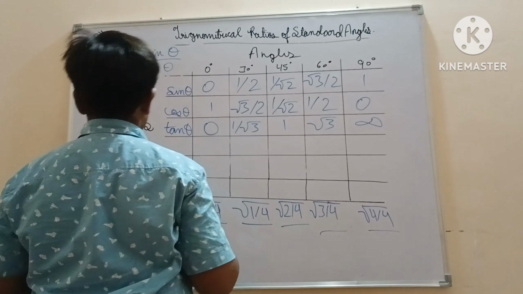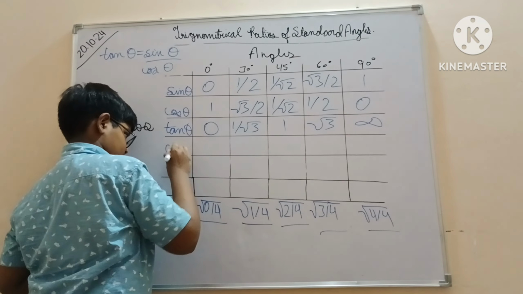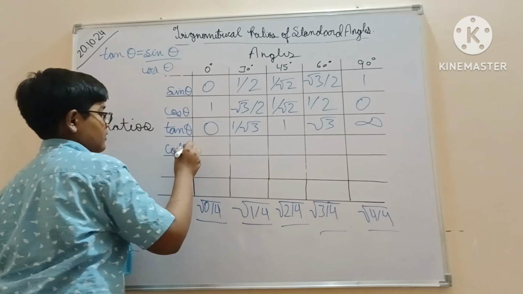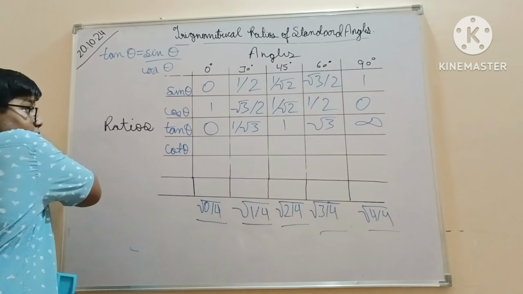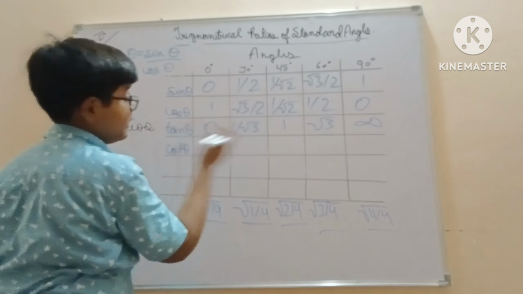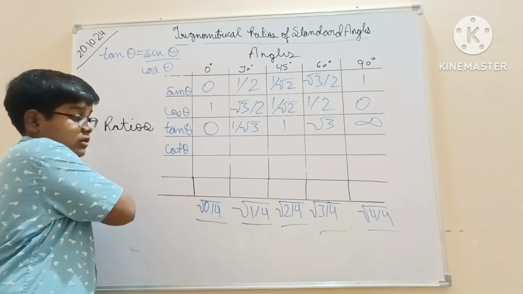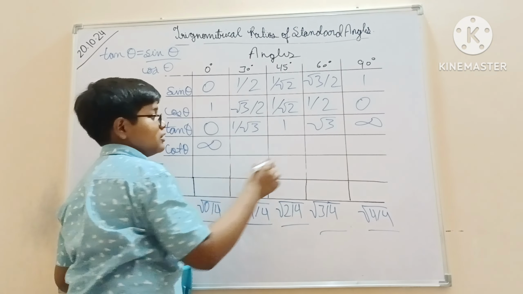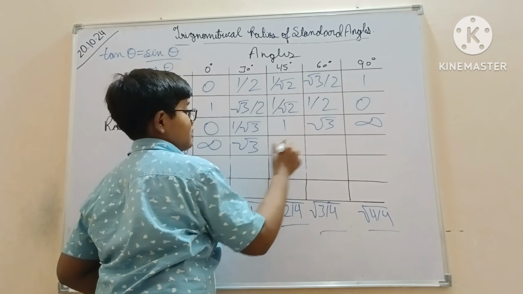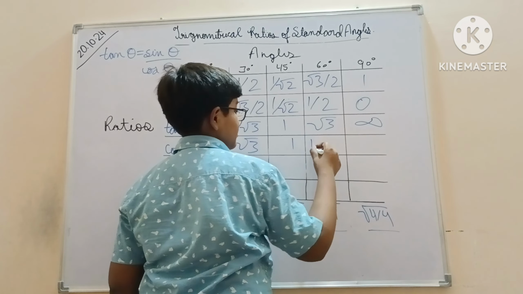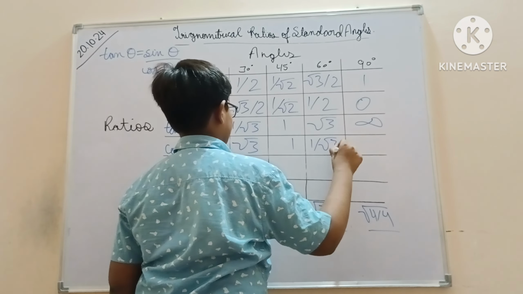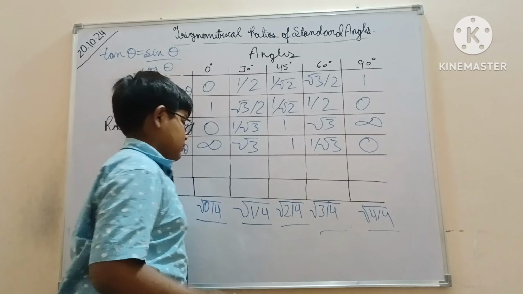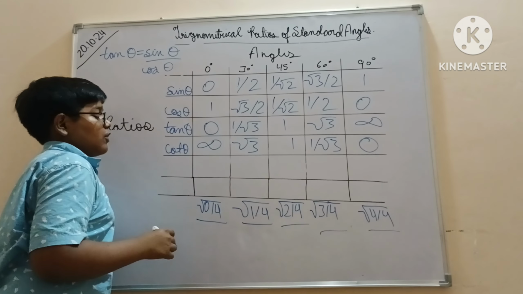Now we will find the value of cot theta by doing the same as we found the value of cos theta, by turning the table to the opposite side. Then this infinite will become first, this root 3 will become second, 1 will remain here, 1 by root 3 will become second last and 0 will become the last. We have found the value of cot theta.